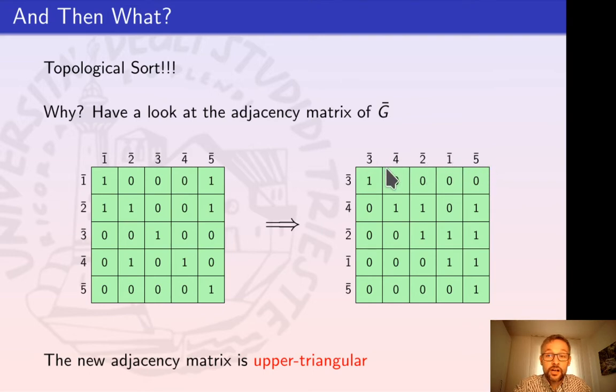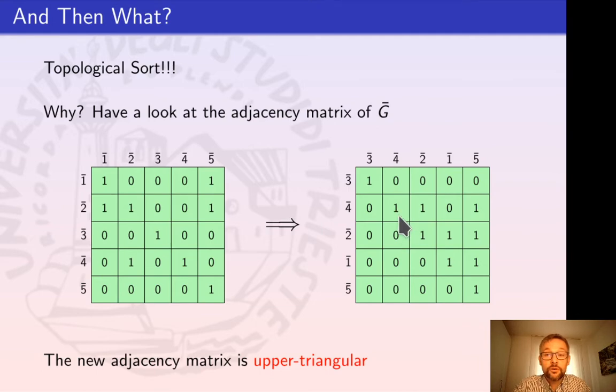As you can see from the slide, the first node is reachable exclusively by itself, so all the other nodes below it are 0. The second node is possibly reachable by the first one, and for sure by itself, but not by anyone else.